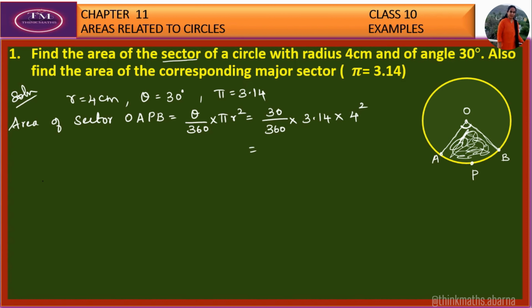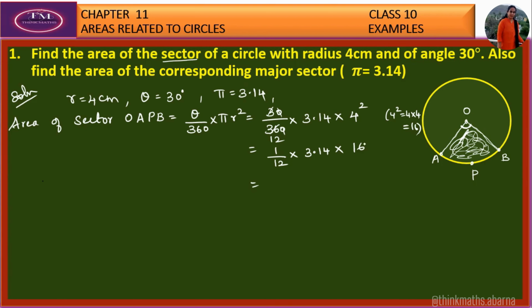We can cancel the zeros. 3 ones are 3, 12 threes are 36. So it is 1 by 12 into 3.14 into 4 square, which is 16. 4 square is nothing but 4 into 4, which is 16.